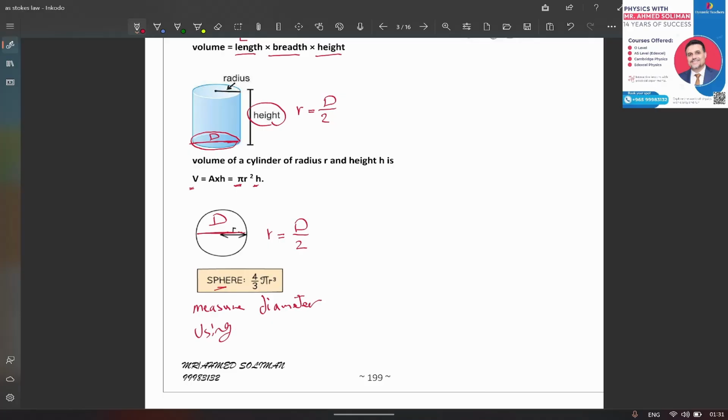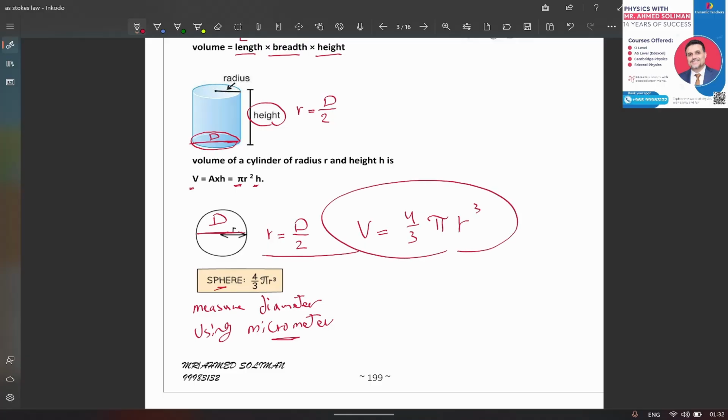Mostly we will use a micrometer, or we can use a vernier caliper. Finally, the volume of a sphere equals 4 over 3 pi radius cubed. So this is the volume of a sphere, and this is very important.